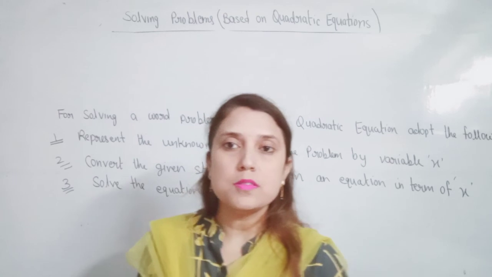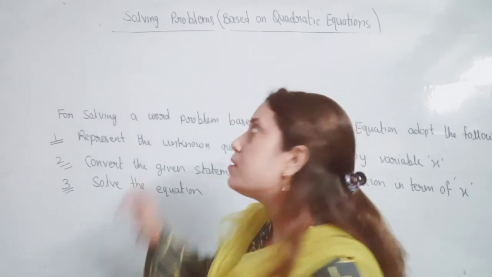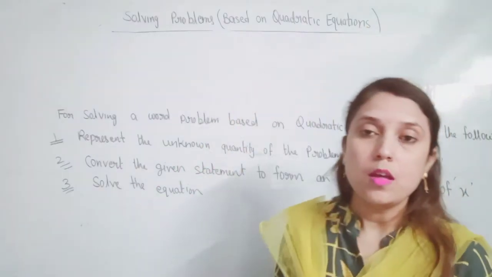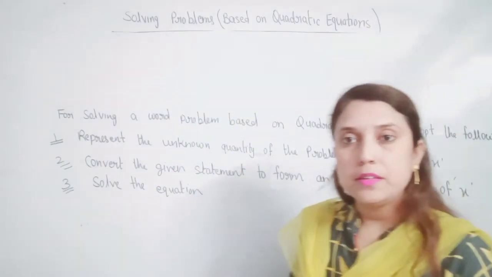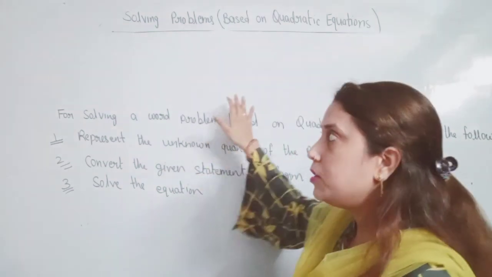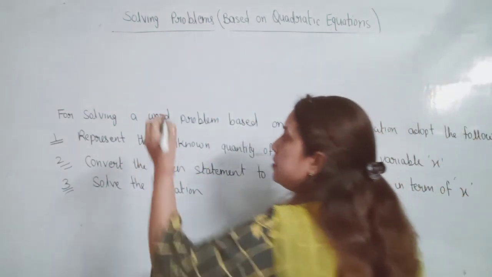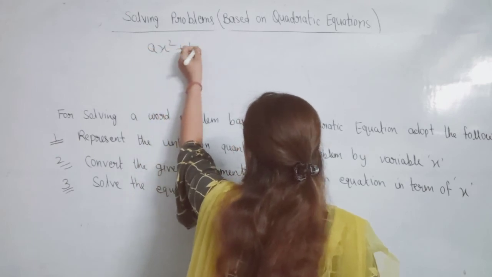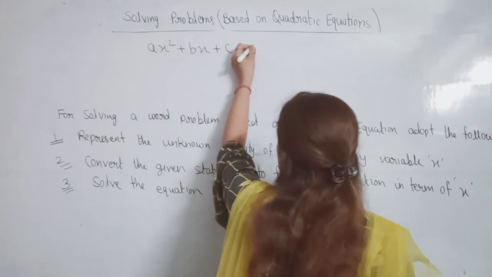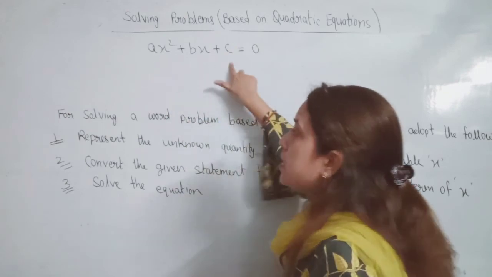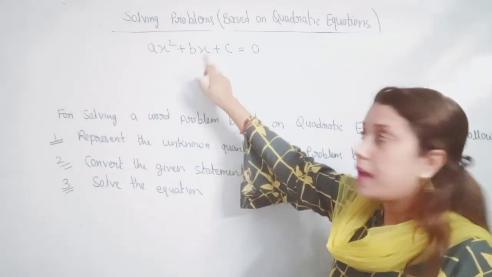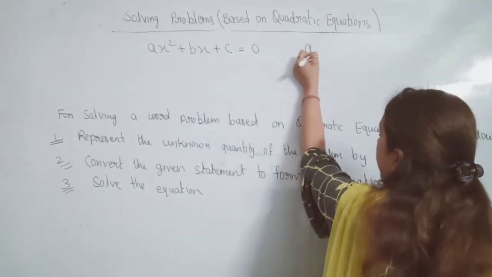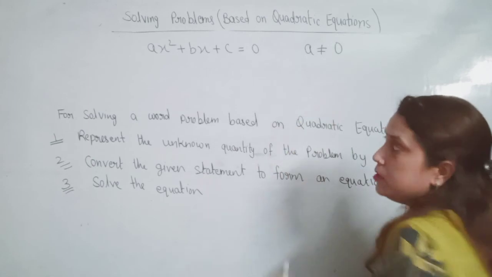Today we are going to start the chapter of class 10, solving problems based on quadratic equations. We have already discussed quadratic equations. The standard form of a quadratic equation is ax square plus bx plus c is equal to 0, where a, b, c are real numbers and a is not equal to 0.